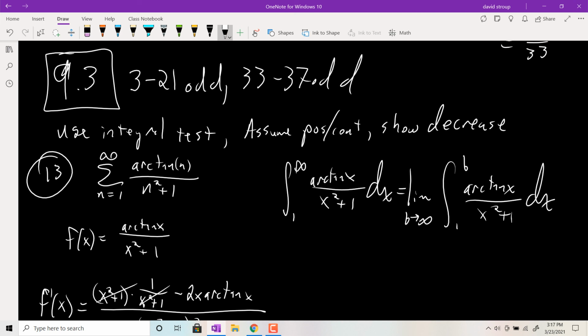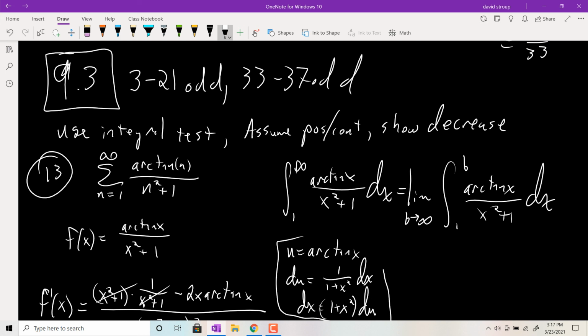You do a u substitution for arctan. We get a nice little cancellation out of it. Don't forget the limit. So we have u all over x squared plus 1 times 1 plus x squared du.